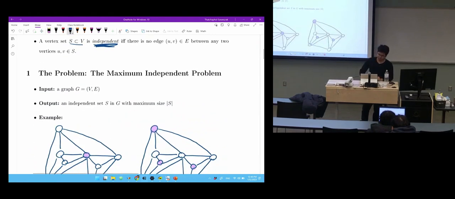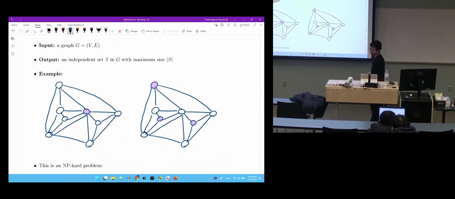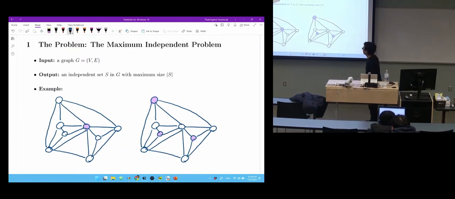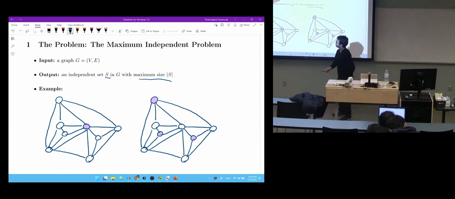Just to be more precise, let me give you an example. You have some graph, right? And now what I want is an independent set S with maximum size. That's the goal. For example, both of these are independent sets in the graph because they are not directly connected to each other.